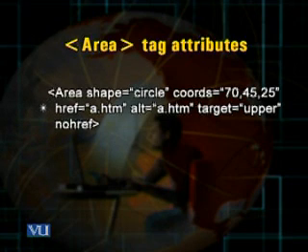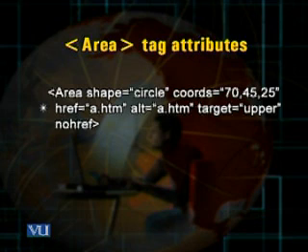Then the href attribute, I have kept its value a.htm. This means that when a user clicks at this particular circle, this shape, he would be led to a file a.htm. In other words, the file a.htm would open. I have used another attribute here, alt. I have kept the value of alt as a.htm.